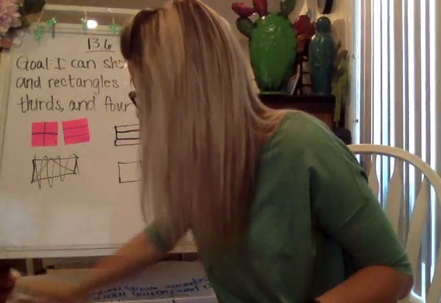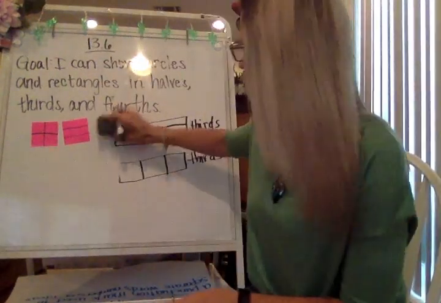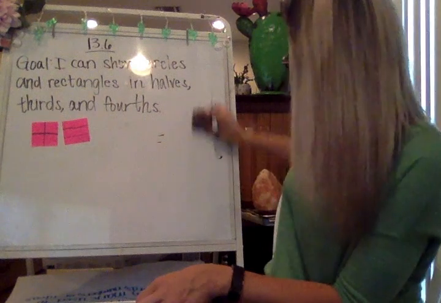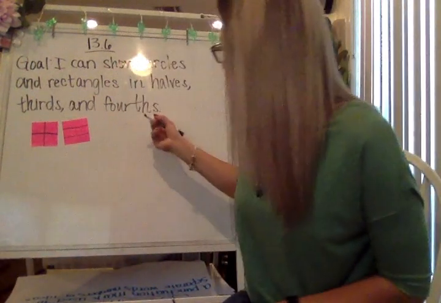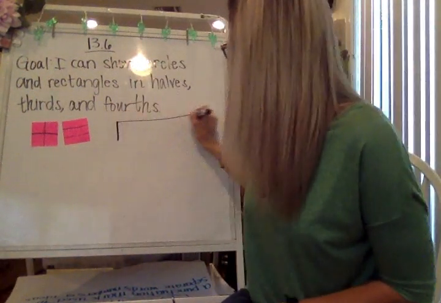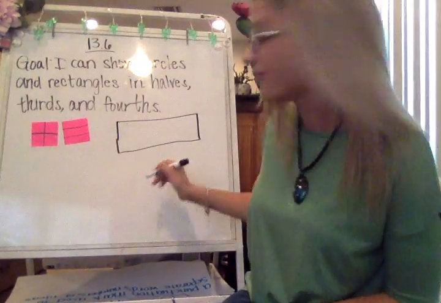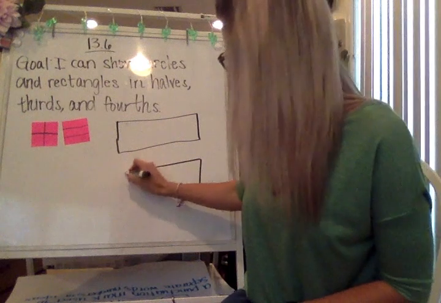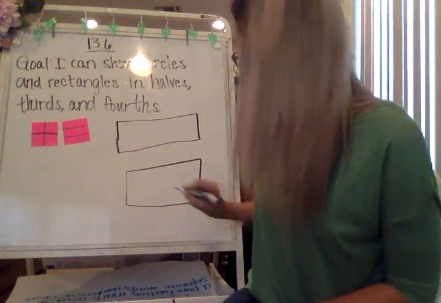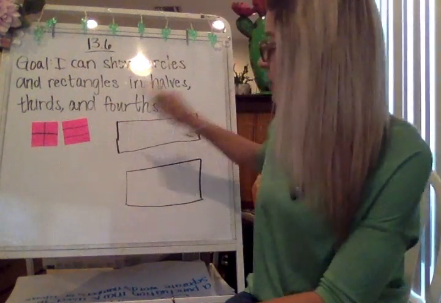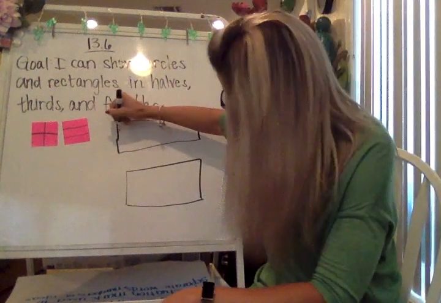Fourths are a lot easier when it comes to rectangles. Fourths, rectangle. Here we go. I'm going to try to make it a little bit better. Pretend like that's equal. All right, so we've got fourths. Remember, we can go skinny, skinny, skinny.